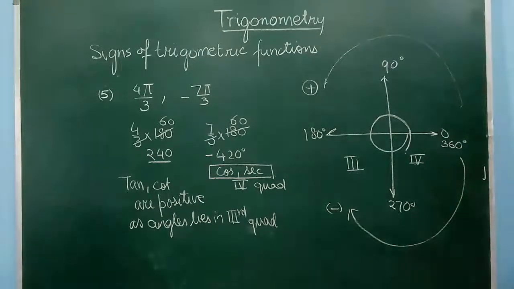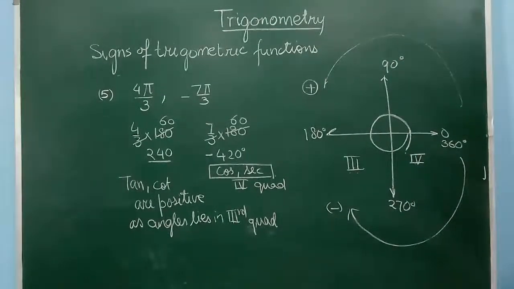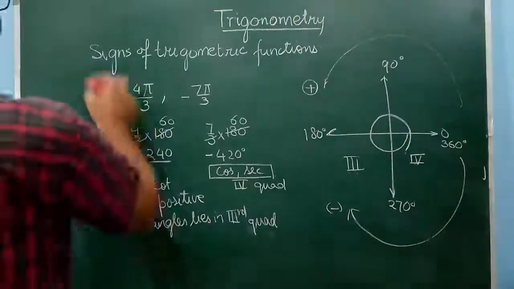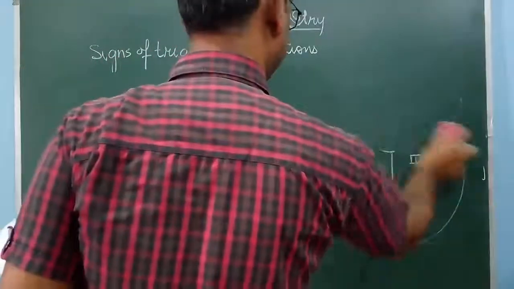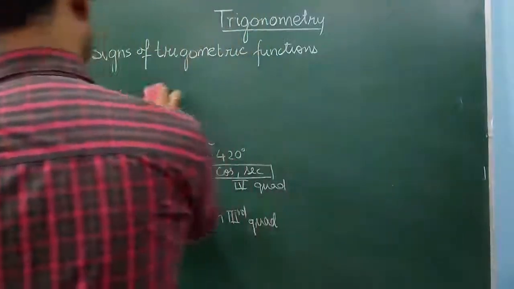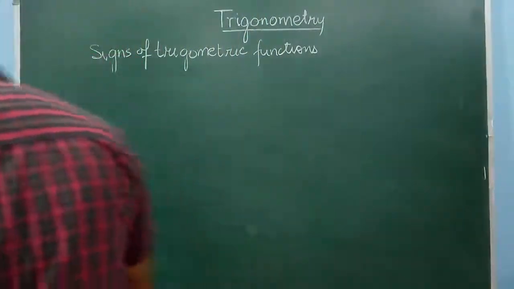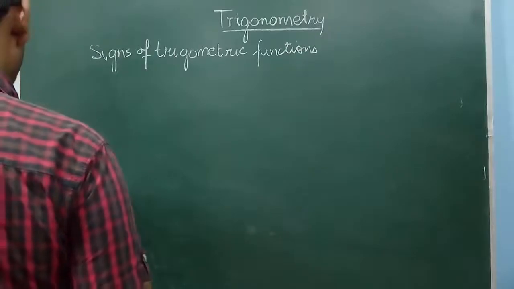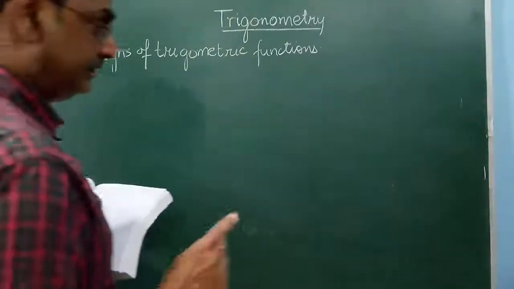So this is all we have to give in this question. Next one: in which quadrant does x lie if cos is positive and tan is negative?